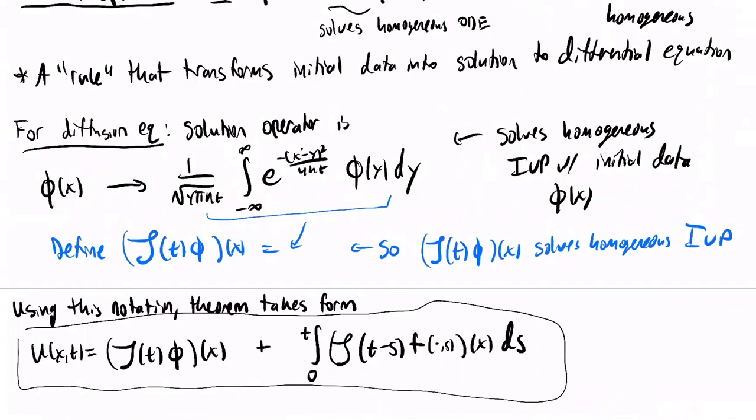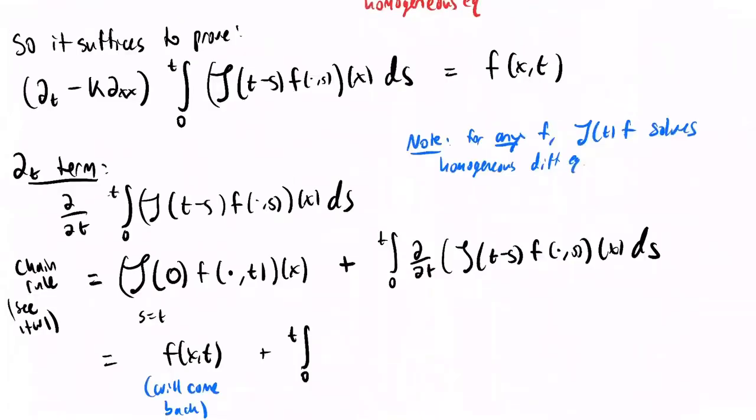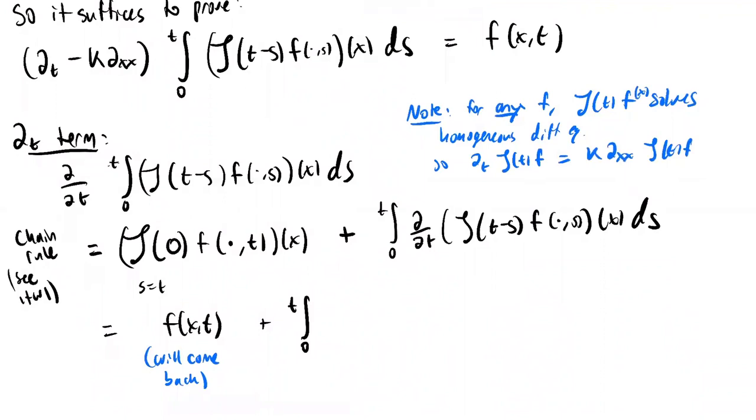And so when I take the time derivative of this complicated formula, it should just be equal to k times the second order x derivative, right? So this tells you that if I take the derivative with respect to t of the solution operator applied to f, this should be equal to k times the second order derivative with respect to x of the same thing. Remember, this depends on x. And so this is just going to be equal to k times, or sorry, negative? Oh no, sorry, positive, that's fine.